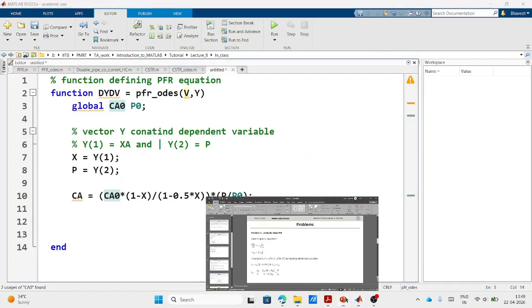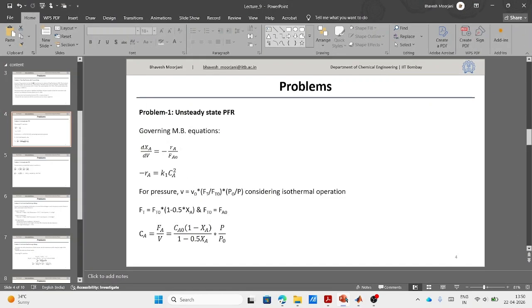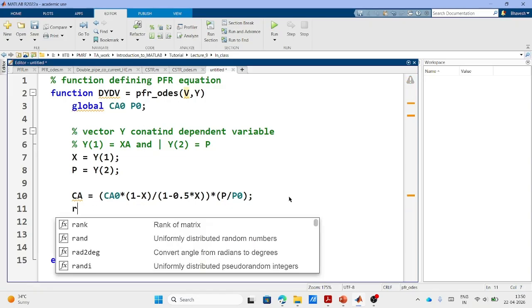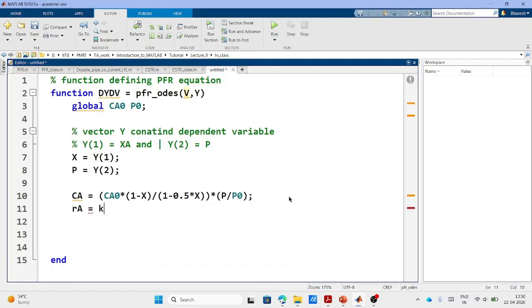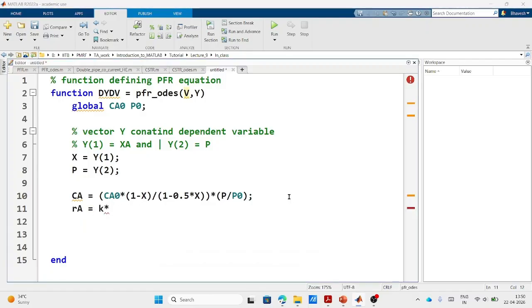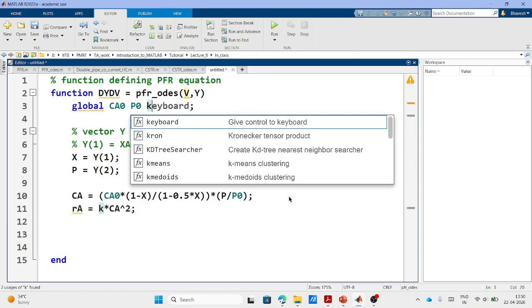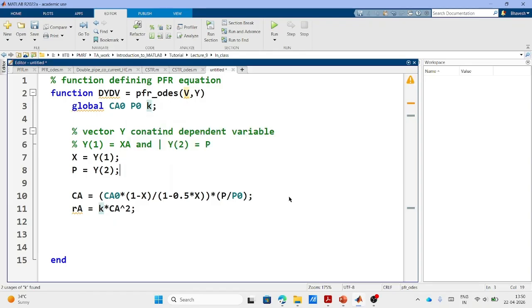Now, once you have CA, which is given by this equation, you can find the rate. RA is equal to K into C square, right? K is also a global variable, so I can put K here. So I have two global variables defined.